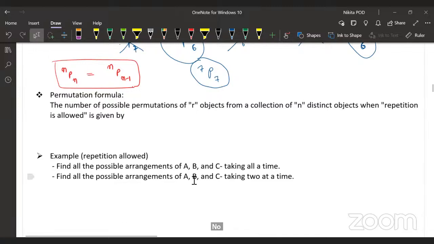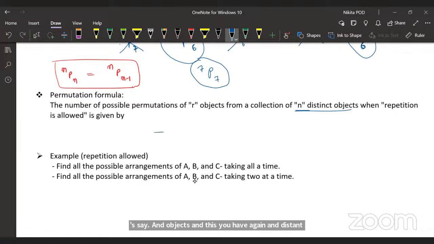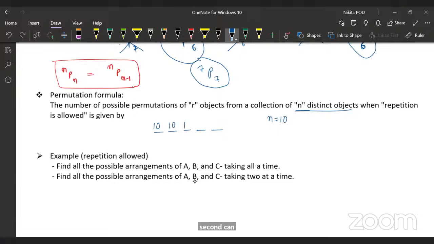So if I have n distinct objects, and you have to arrange r objects from there, with repetitions allowed, let's say I have 5 places to fill, and let's say n equals 10. The first place can be filled by 10 objects, even the second place can take 10 objects, third also 10. So this is nothing but 10 to the power 5.